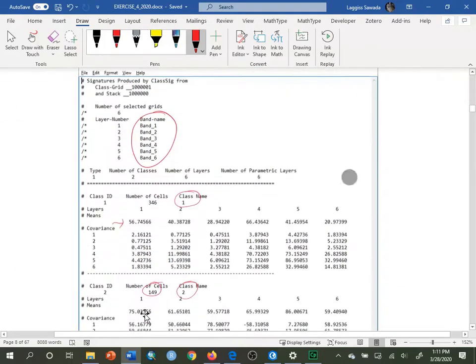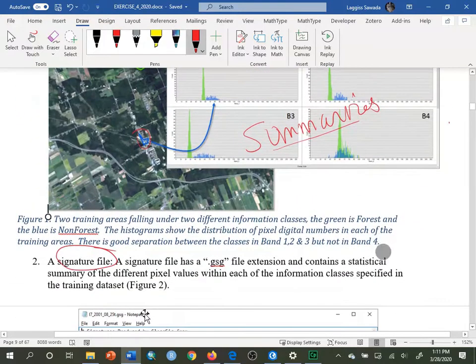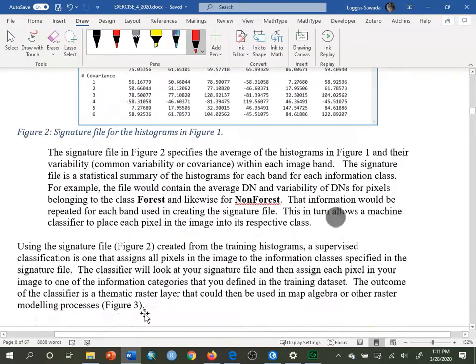So once we have this training data, which are examples of each class, called information classes, that we want, and a signature file, we can then utilize a machine learning classifier to take each pixel within the image and classify it as forest or non-forest.